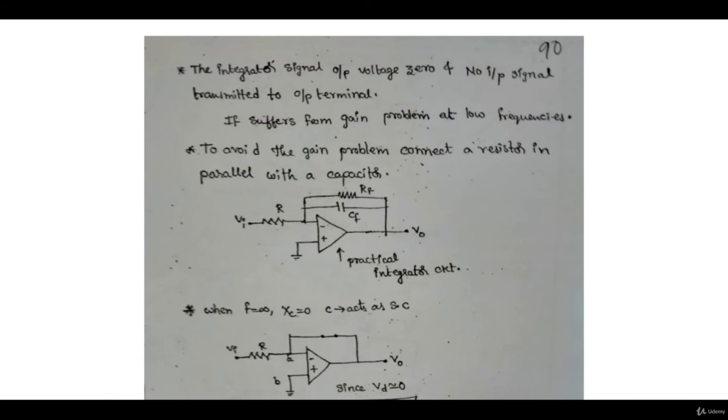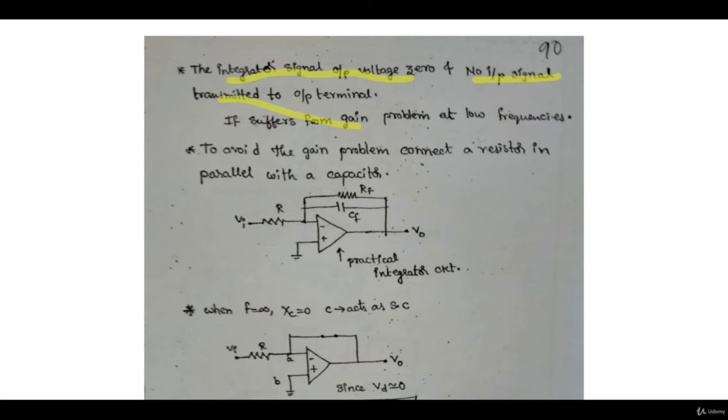So same thing I have written here. You can see, if the frequency is 0, the capacitor will provide infinite impedance, meaning the capacitor will be open and no input will be transmitted to the output. So at the output we will get 0 voltage, meaning no input signal will be transmitted to the output terminal, since there is no connection at all.